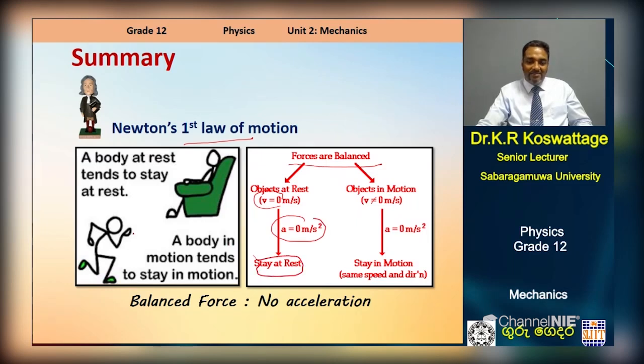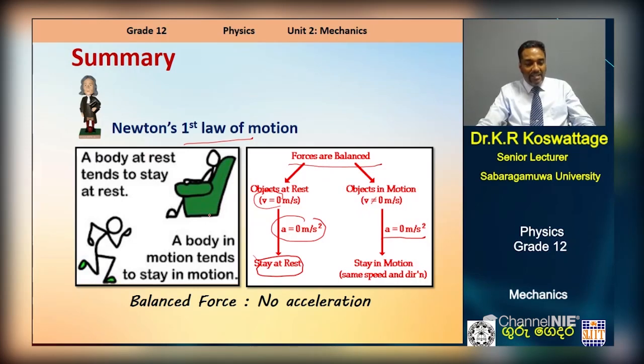For an object moving with constant velocity, acceleration is 0. So it stays in motion with the same speed and direction, which means a constant velocity.